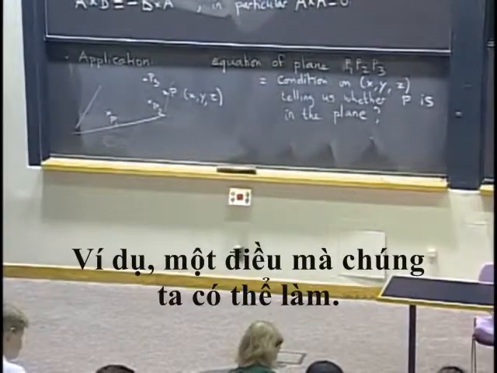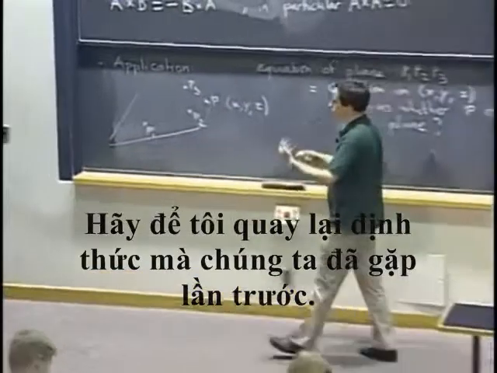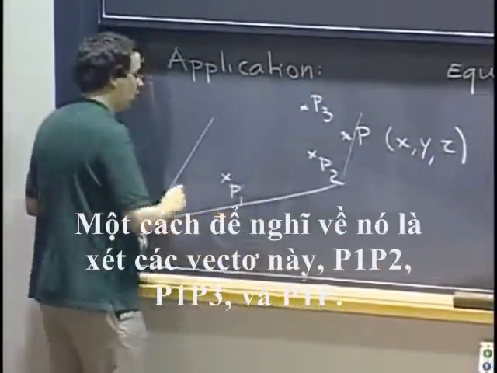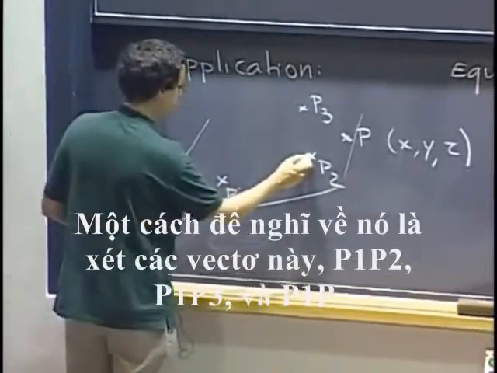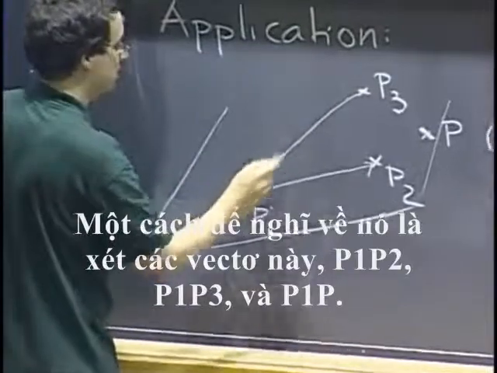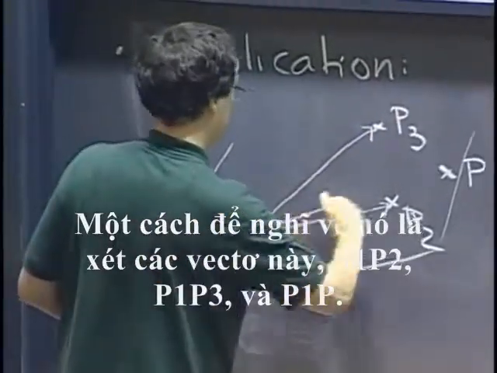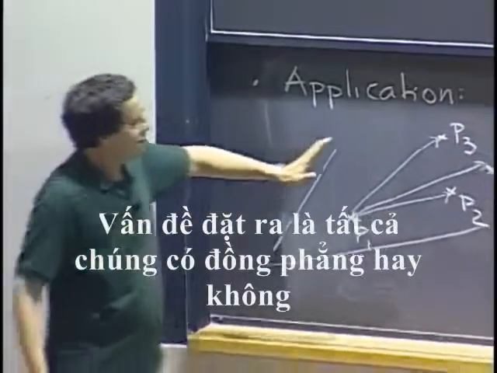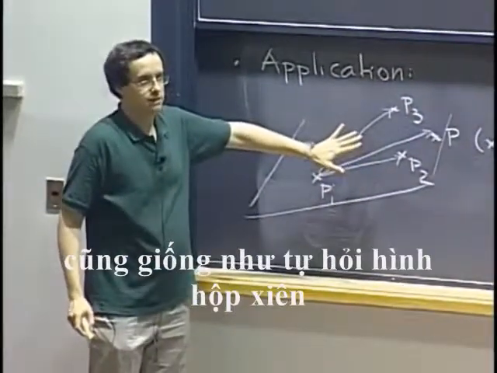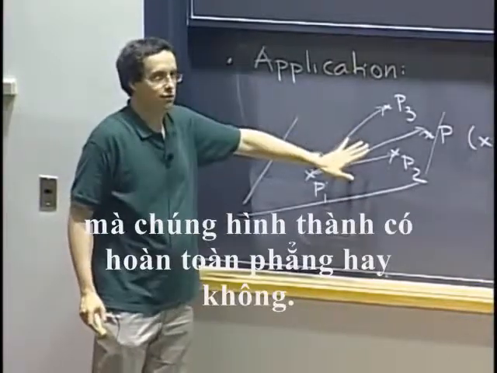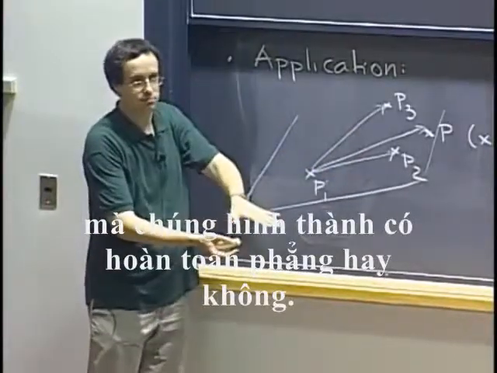Okay, so we have several ways of doing that. For example, let me just backtrack to determinants that we saw last time. One way to think about it is to consider these vectors P1P2, P1P3, and P1P. Okay? So the question of whether they're all in the same plane is the same as asking whether the parallelepiped that they form is completely flattened.